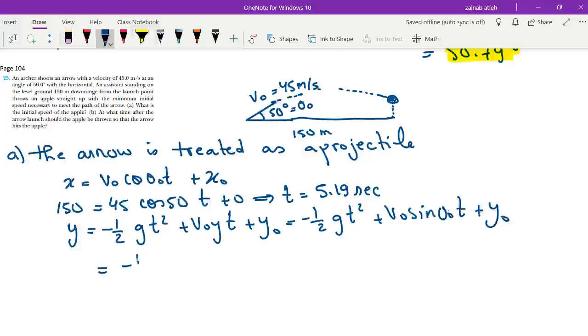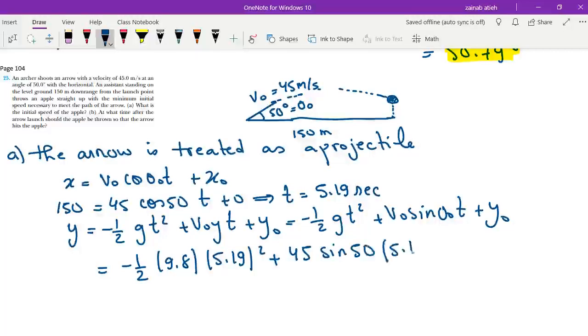It's equal to minus half times 9.8 times 5.19 squared plus v0 is 45 sine 50 times t, which is 5.19, plus y0 was 0. Okay, y0 and x0 are the coordinates of the launching point of the arrow. So I will get my y which is 47 meter. I found y.